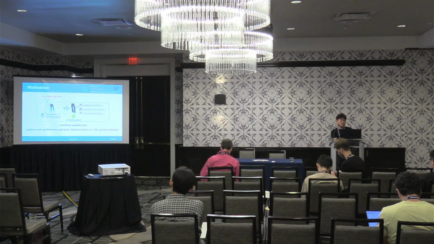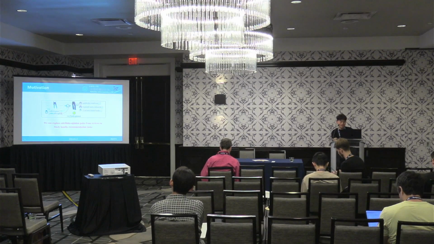That is, for the users, we could know that he disliked the tighter style of the pants, and for the items, we can know that the pants hold a casual style. So we can explore attribute opinion pairs from reviews to finally handle the recommendation task.